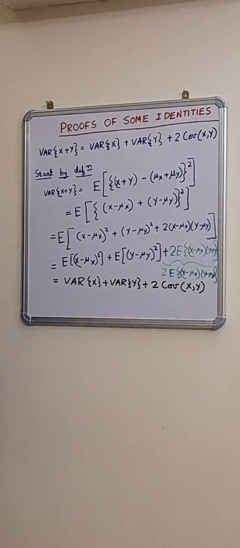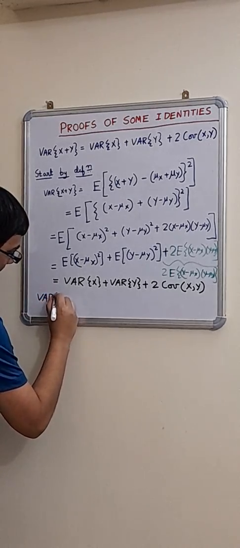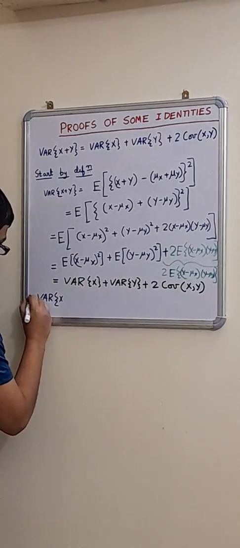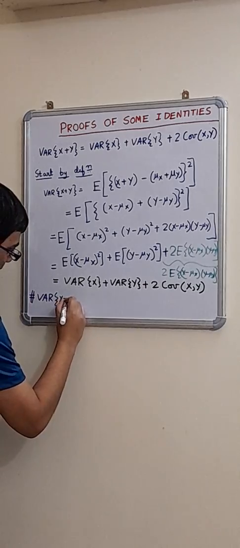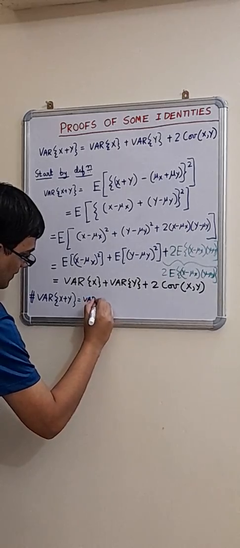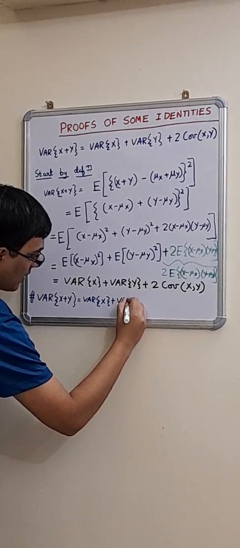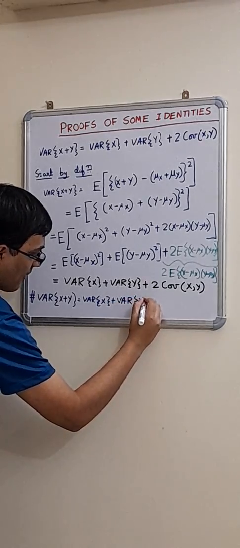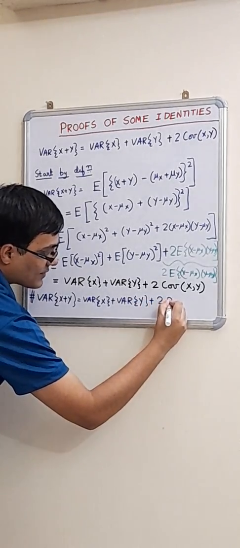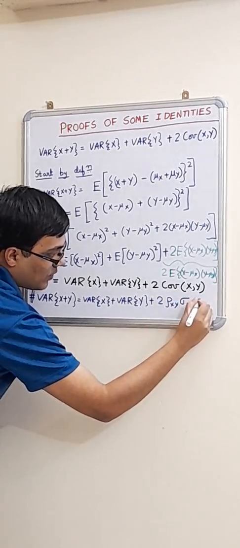This is the proof, the proof gets over here, but another interesting result is that variance of x plus y could be written as variance of x plus variance of y plus 2 rho xy into sigma x into sigma y.